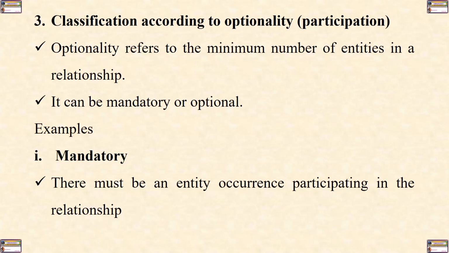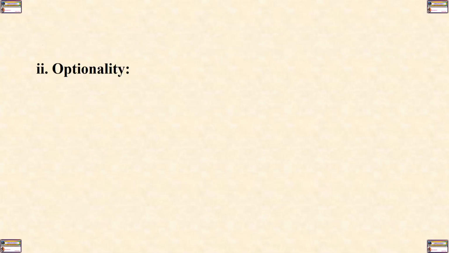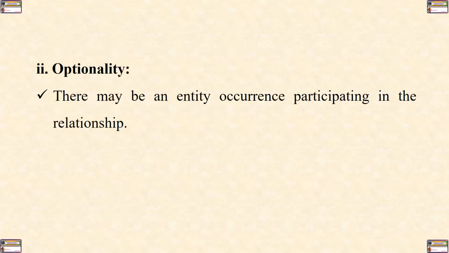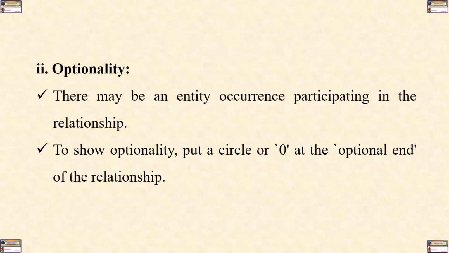Under a mandatory relationship, we are saying there must be an entity occurrence participating in the relationship. Under an optional relationship, there may be an entity occurrence participating in the relationship, meaning it's not a must. To show optionality, you put a circle or 0 at the optional end of the relationship.